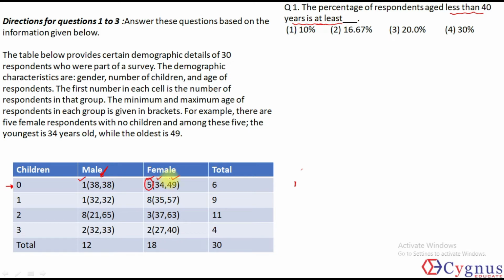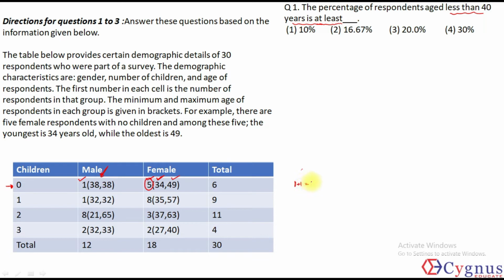Since I want to minimize the number of people who are less than 40 years, I'll assume that most of them are more than 40 years. But at least one of them will be 34 years old. There are 5 people who have responded, so one person will definitely be 34 years old, and the remaining 4 I can assume will be more than 40 years. So I'll get one female from here.